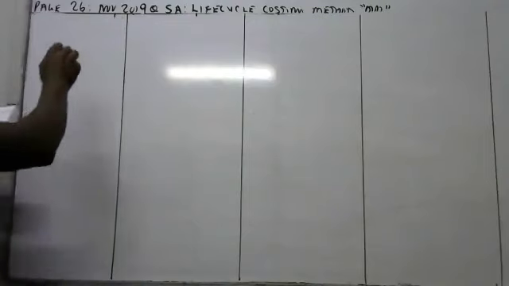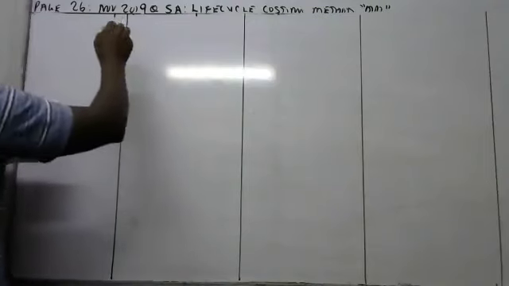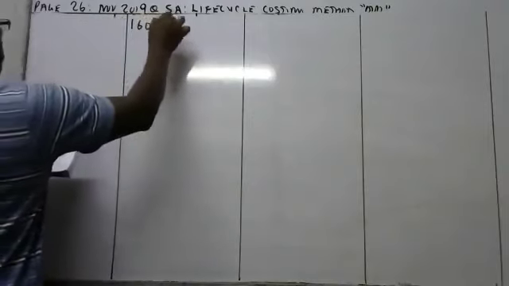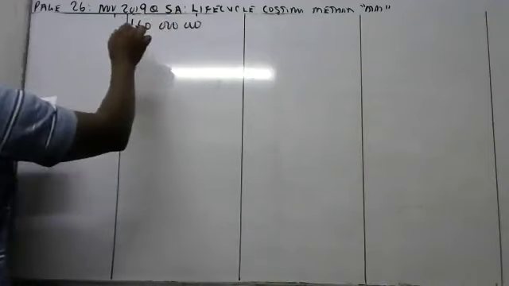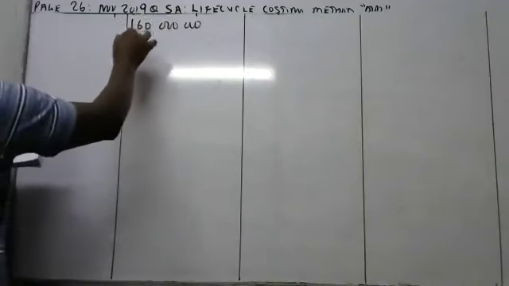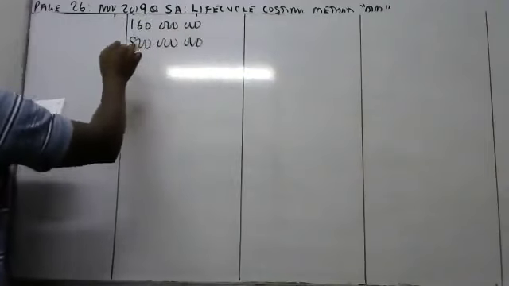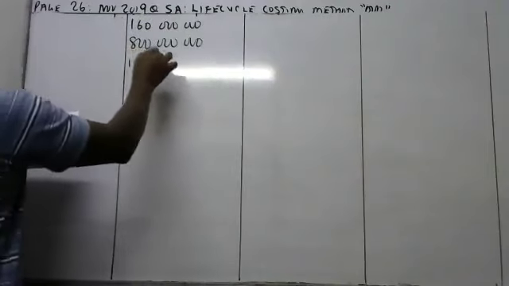See, the first year kuna 160 million. Alafu kuna 800 million. Alafu kuna 1.2 million.